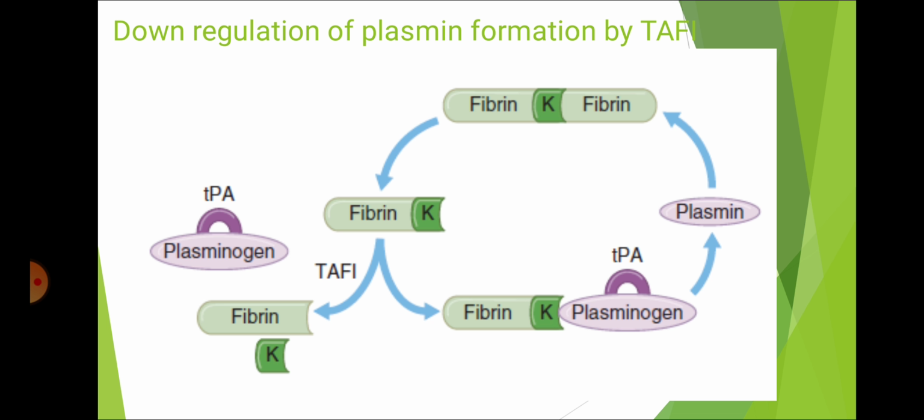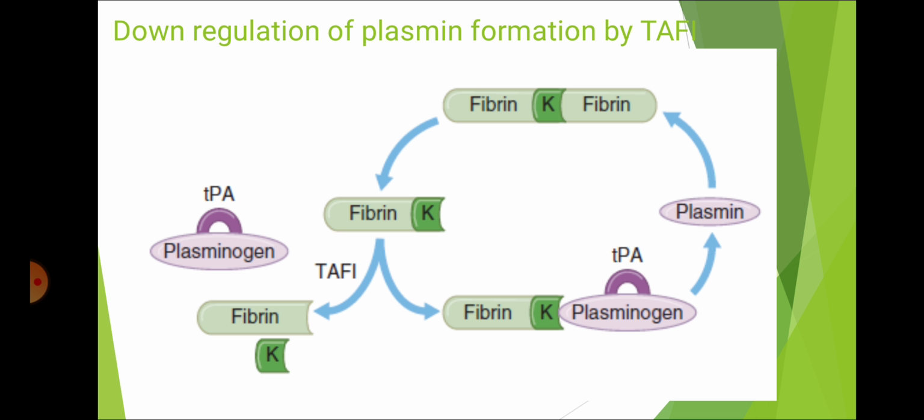Both plasmin and tissue plasminogen activator preferentially bind to carboxy terminal lysine K residues of fibrin. The formation of plasmin is enhanced by a positive feedback loop. New C-terminal lysine residues generated after the limited plasmin cleavage provide new binding sites for continued tissue plasminogen activator and plasminogen binding.